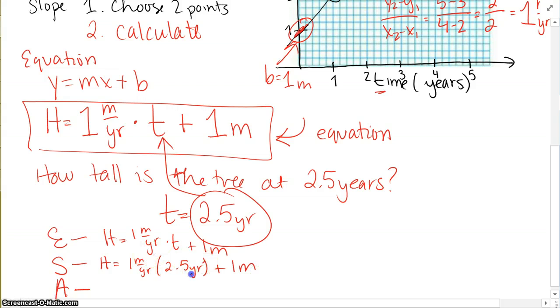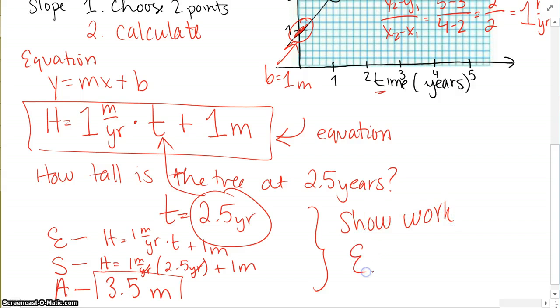And my answer, the years cancel out. I get 2.5 plus 1, which gives me 3.5 meters. So that's how you do problem solving. And like I said, we'll talk more about this in class. But when I say show your work, I want equation, substitution, answer.